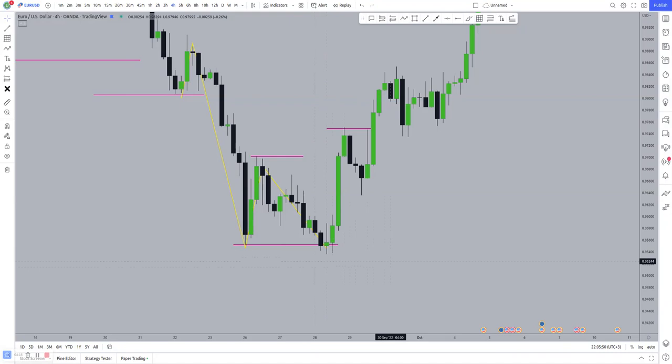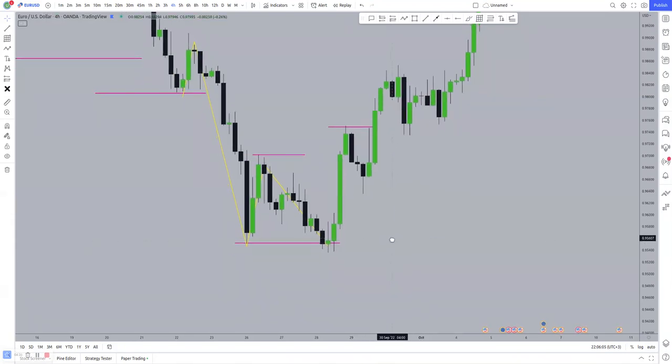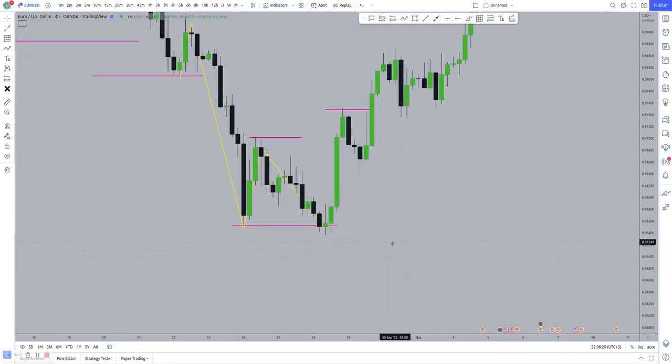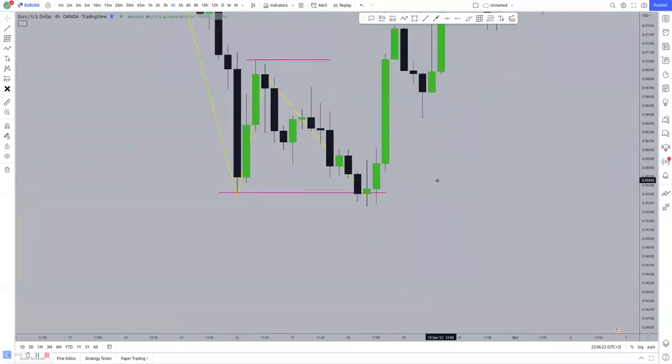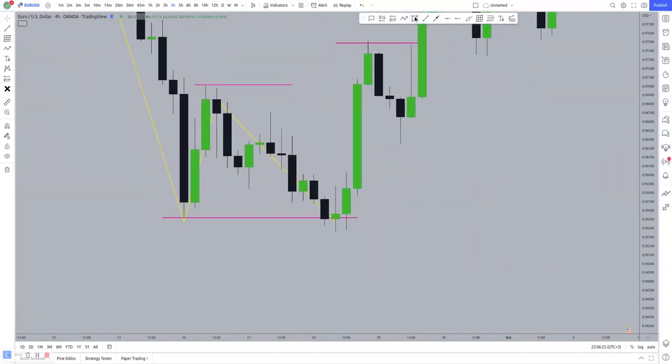There are so many terms that are used in this market, even though they could mean the same thing. But the difference between price taking out some stops or grabbing liquidity and price creating a structure, a swing high or a swing low, I did explain that in one of my videos.